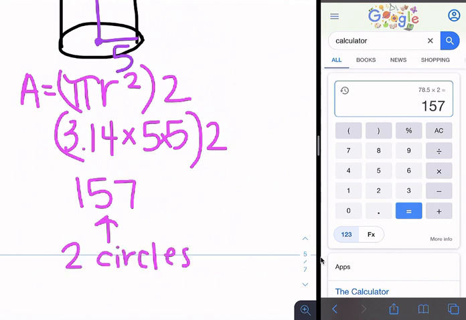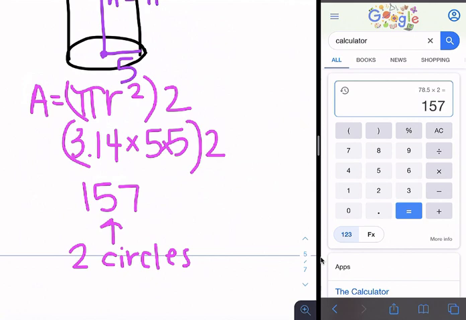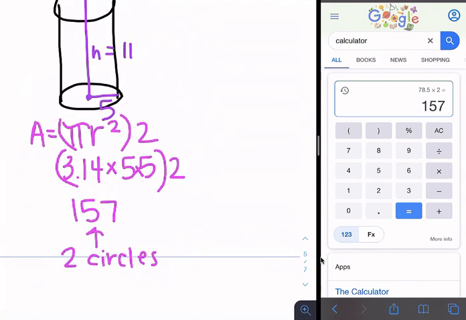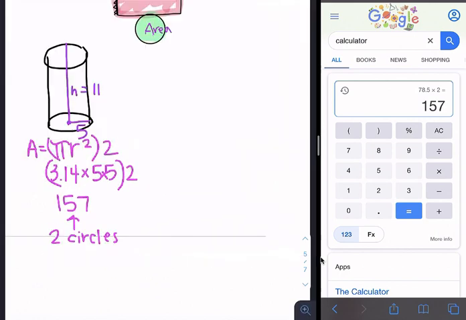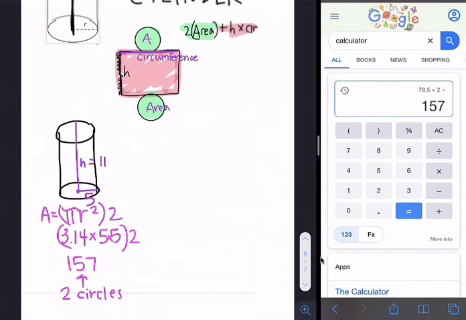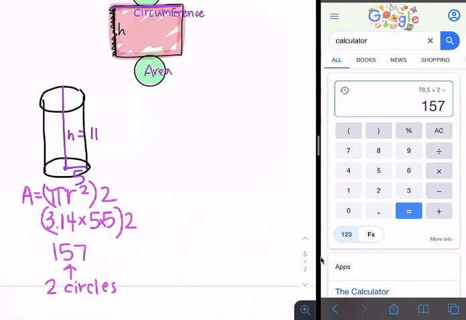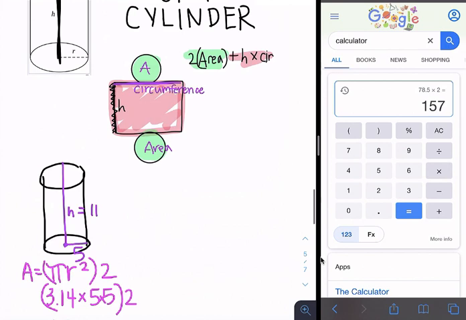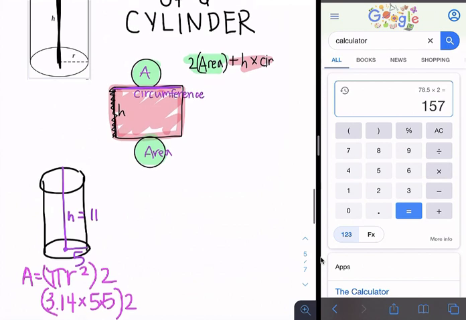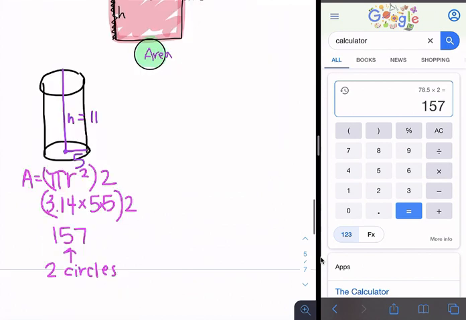All right, now we need the rectangle. So to find that rectangle, remember we do the height times the circumference. So these are our circles. Now we need our rectangle.